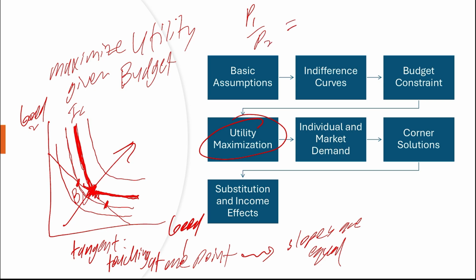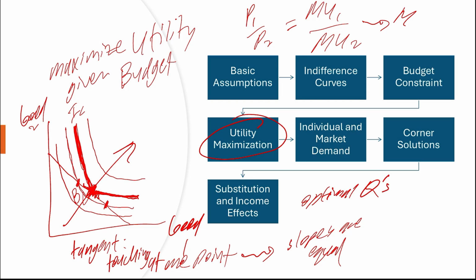The slope of our indifference curve is related to the marginal utility of each good. And so what we can do is we can write this like this. When we're at the optimal quantities, so we're at our optimal combination of each of these 2 goods, that would be here in this case.